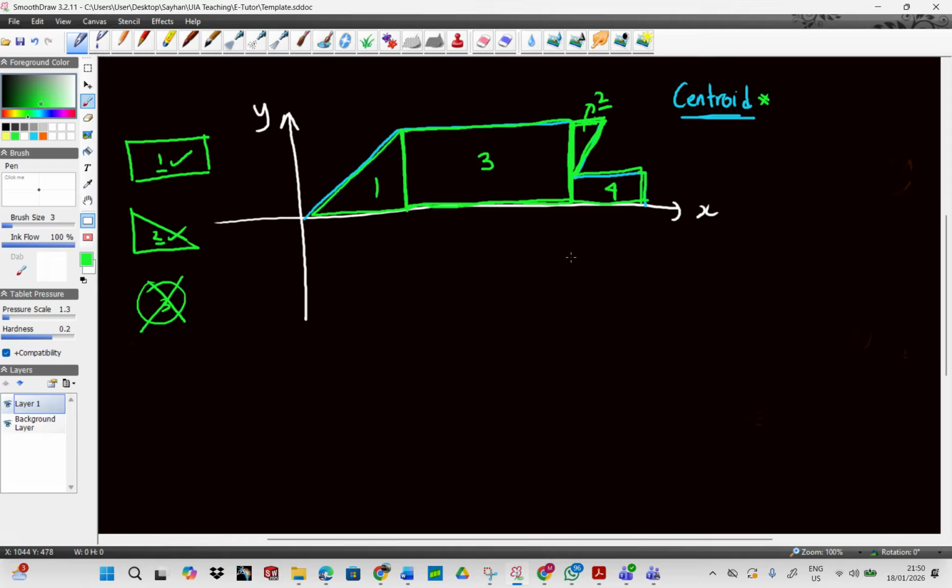So why I did this is that I split our very complicated shape into 4 simple shapes. Number 1 and number 2 are right angle triangles, and number 3 and number 4 are rectangles.